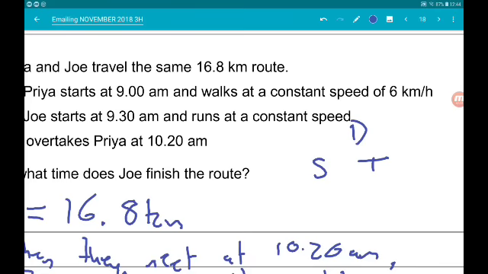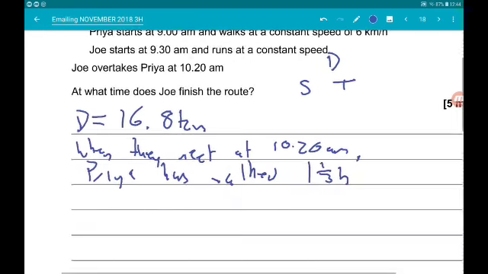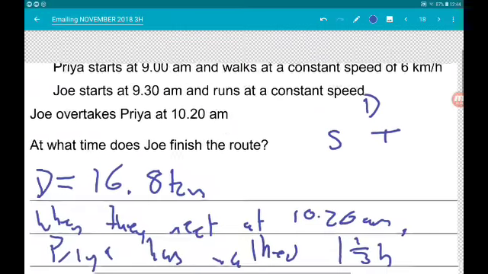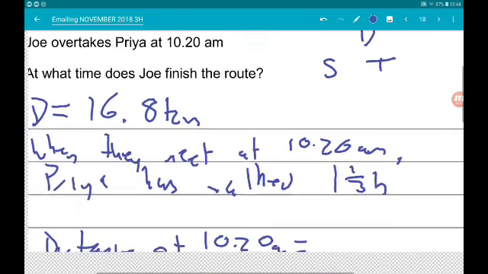So cover over D and we get S times T. So the distance at 10:20 a.m. is, so she's walking at a speed of 6 kilometers per hour.